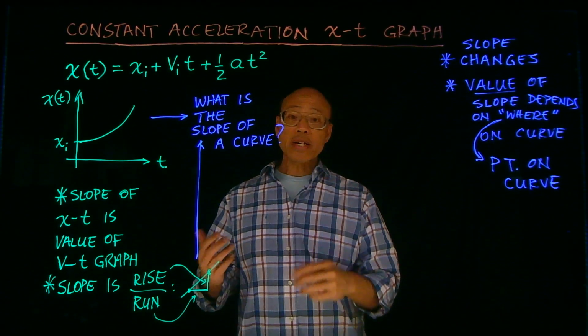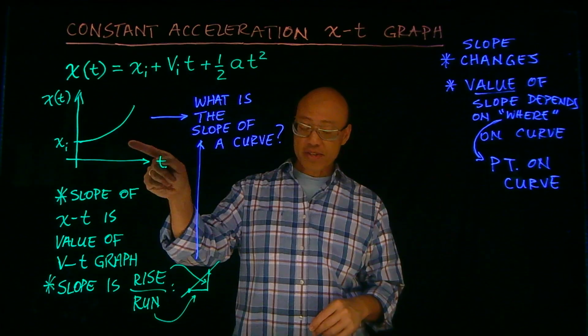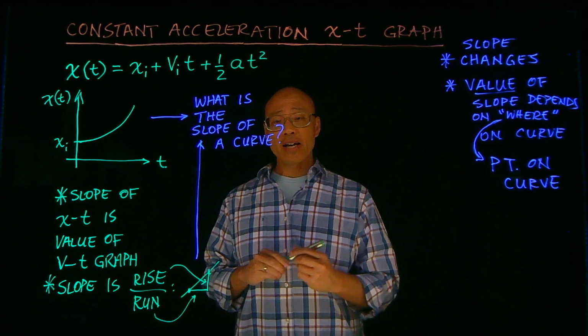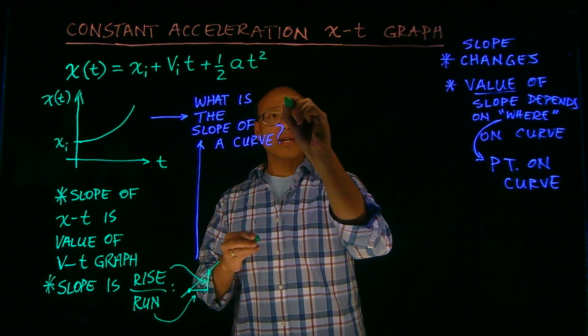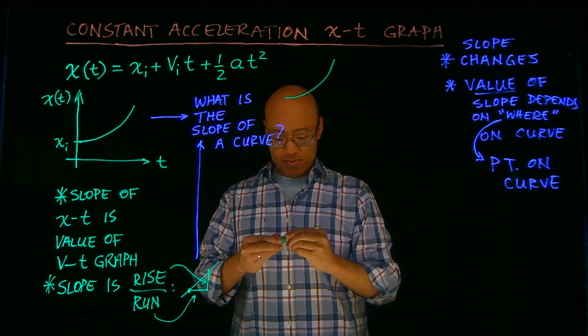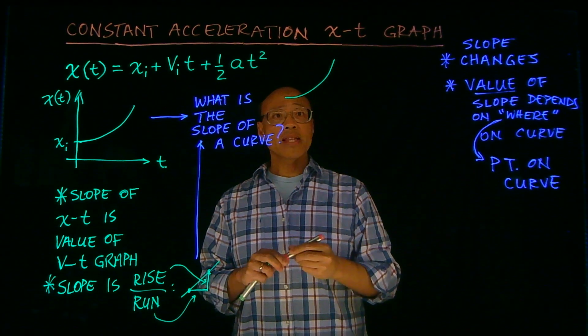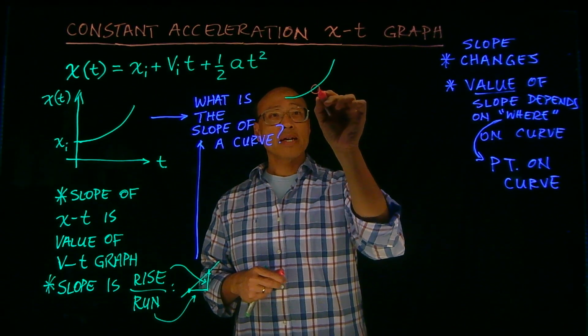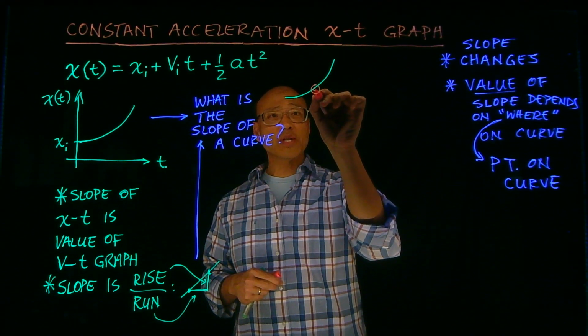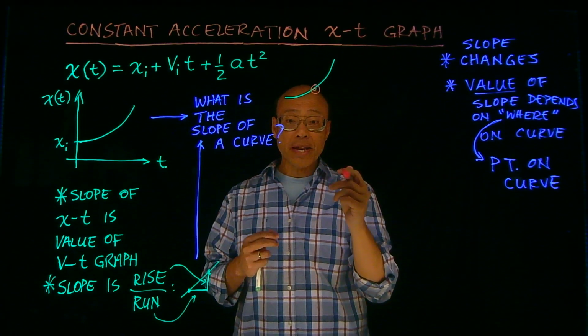Well, one way to get a qualitative sense of it is to zoom in on that curve. I'm going to step back, look at the curve, and then I'm going to zoom in. So I'm going to go over here, and I'm going to really zoom into a tiny, basically a point.